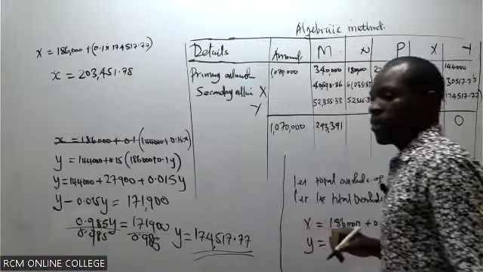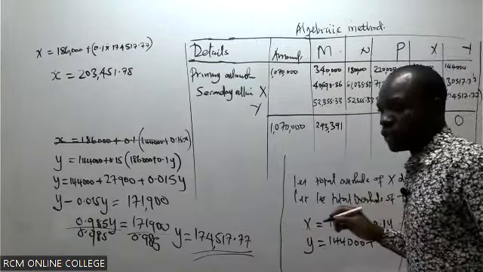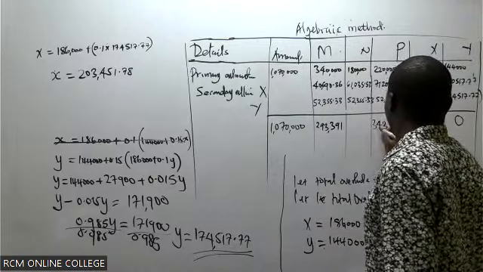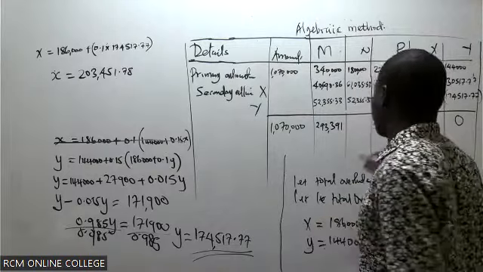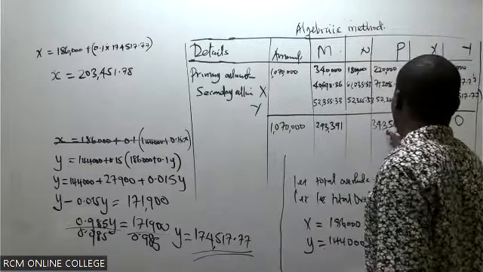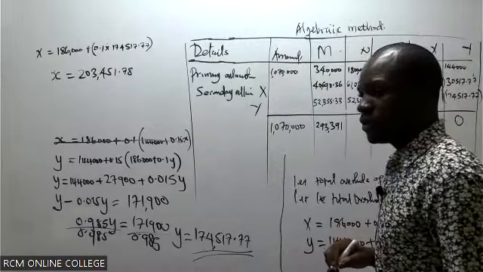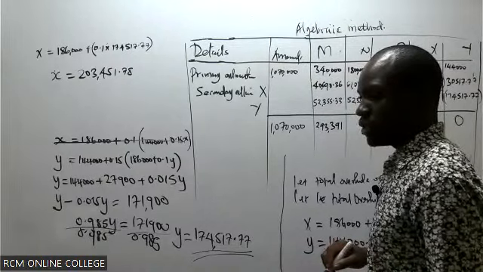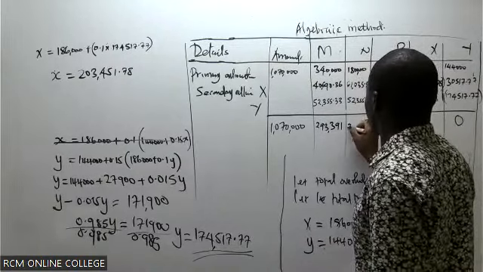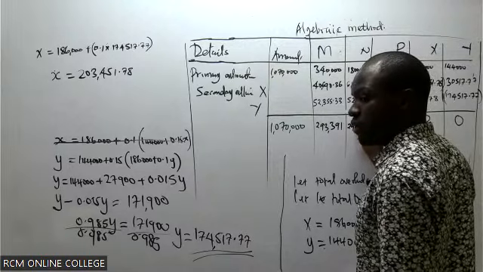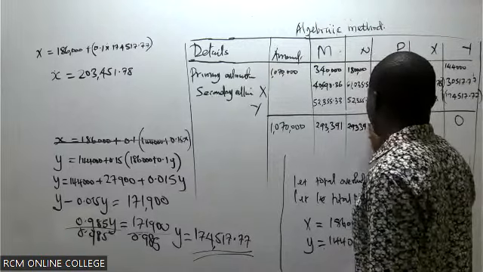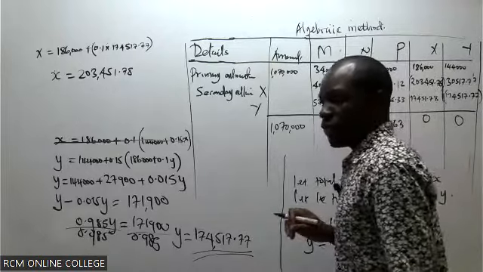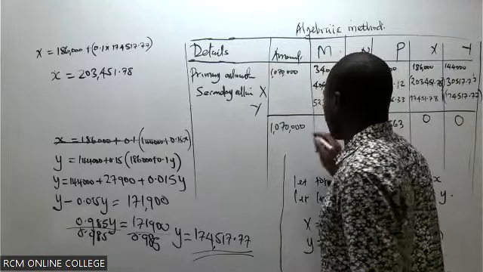That is M. P I'm told is 343, 563. How about N? Your N, 293, 391, na hii ingine nimeambiwa ni 433,046.